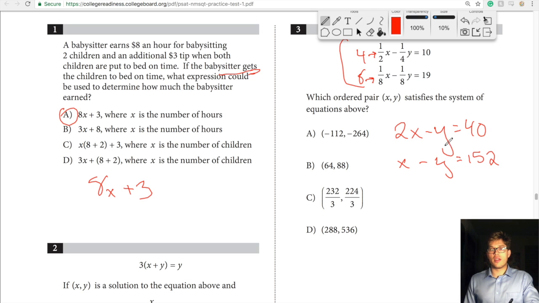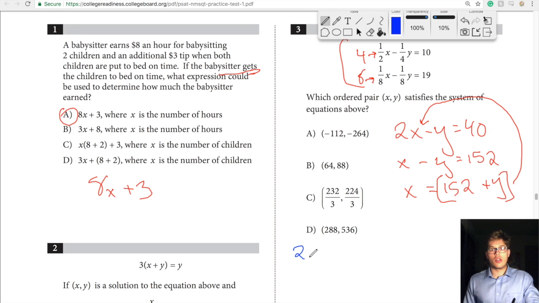We can add y, so x equals 152 plus y. And we can then plug in this expression for x right here. So if we do that, what do we get?